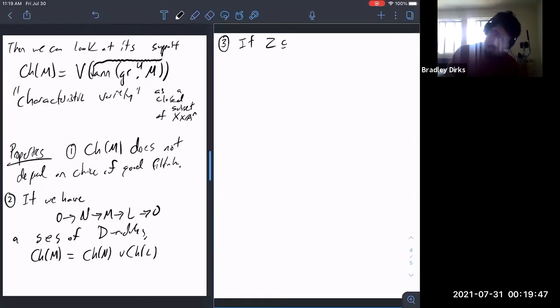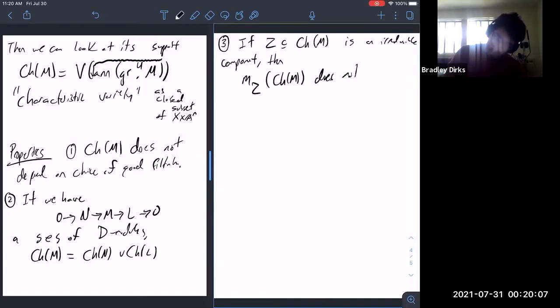So if Z inside of this characteristic variety is an irreducible component, then the multiplicity along Z does not depend on choice of good filtration.